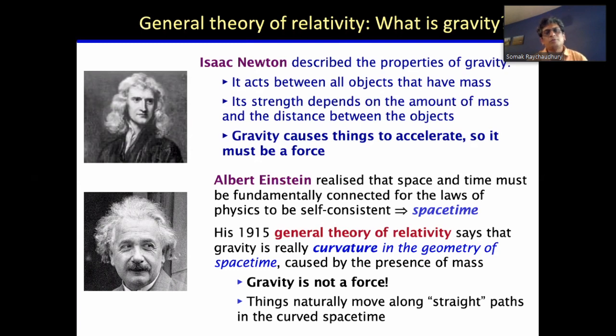It also means, and this is also a departure from Newton's gravity, that light bends as it moves along space. In Newton's gravity, light has no mass, so as it moves through space it is not affected by gravity. In Einstein's theory, space itself can be curved due to mass, and so light can bend.